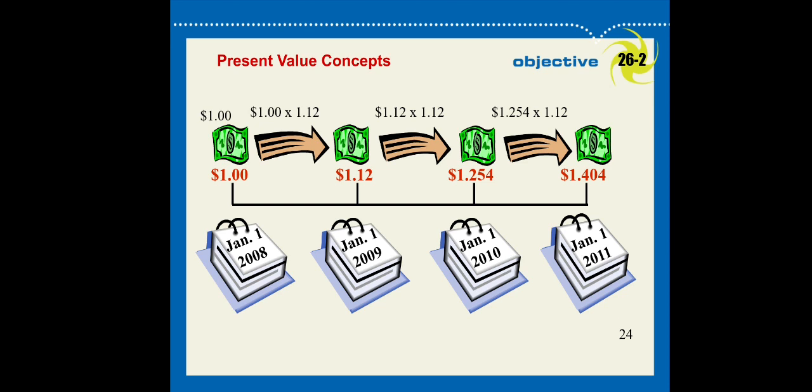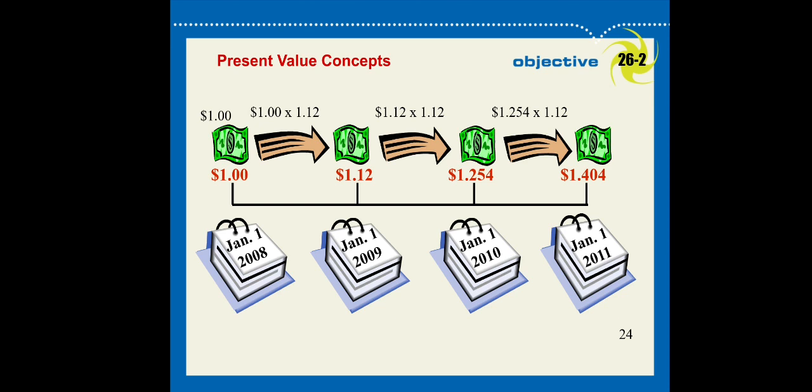If we convert this amount to the present value, in this example 2008, the amount is only $1. The present value is less than the future value amount.